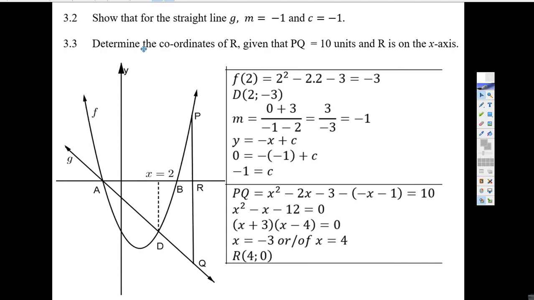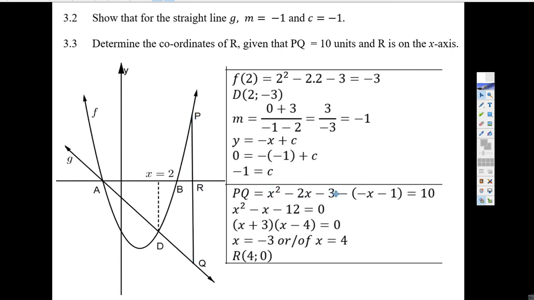And the next question, determine the coordinates of R given that PQ is 10 units. PQ is 10 units. Well, if you take the function, the parabola, and you subtract the equation of the line, so if we subtract those two things, we get this distance.